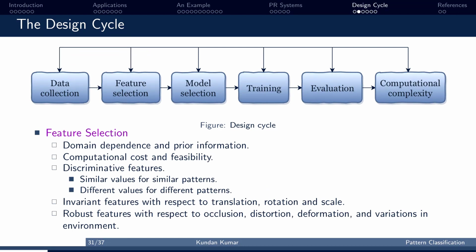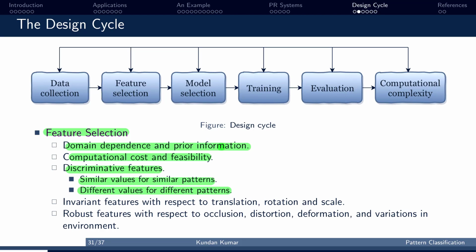In feature extraction, we can perform feature selection. It depends on the domain and on prior information, whatever feature we extract, and it can be computationally costly and not always feasible. The features should be discriminative, because they should have similar values for similar patterns and dissimilar values for different patterns.